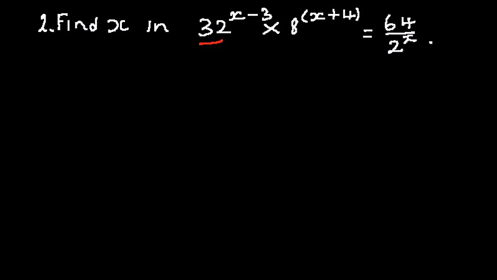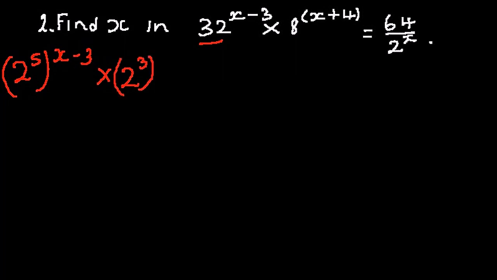So first of all, we establish a common base, so that the 2 can be written as 2 raised to power 5, then into bracket x minus 3, multiplied by 8 is the same as 2 cubed into bracket x plus 4, is equal to 64 is the same as 2 raised to power 6 divided by 2 raised to power x.